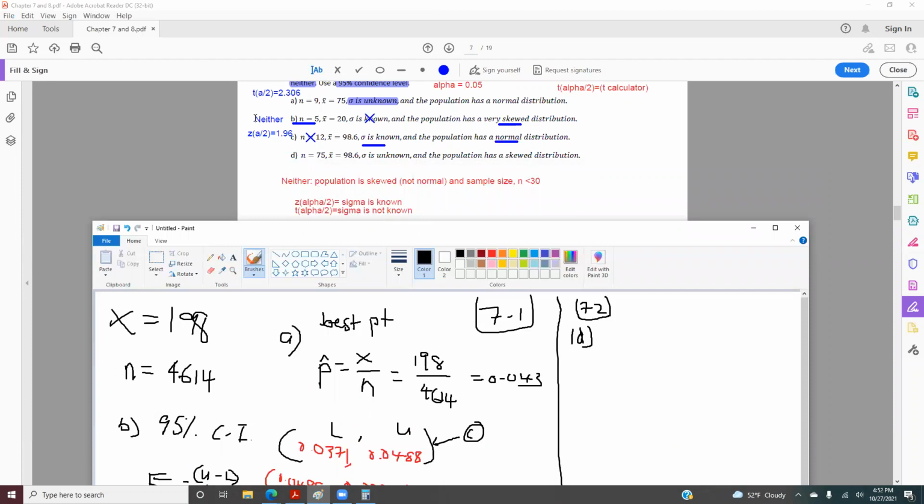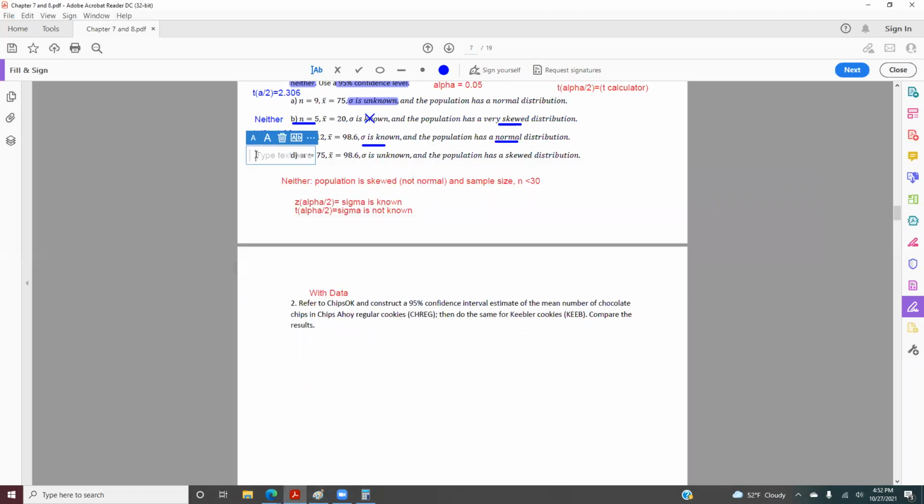Is that neither T or Z? This one's a little confusing. Wouldn't it be neither because it's unknown and it's skewed? I think it's T. Okay, so Casey says neither, Lawrence? Yeah, I think it's T alpha over 2.